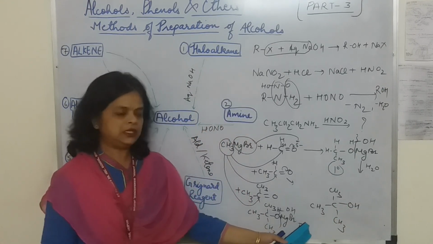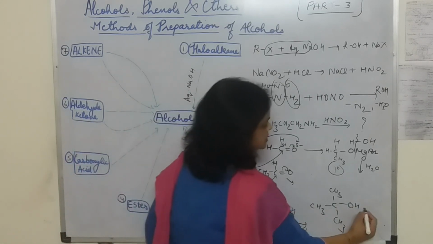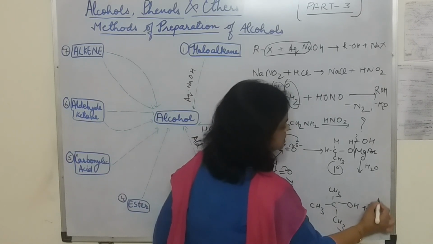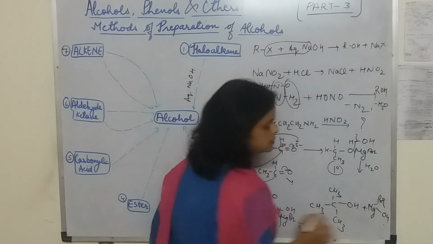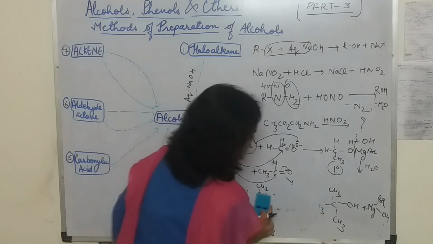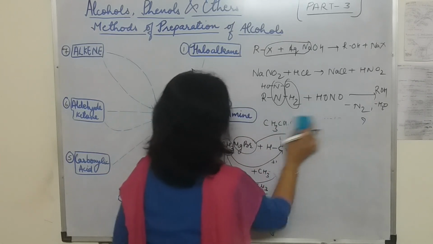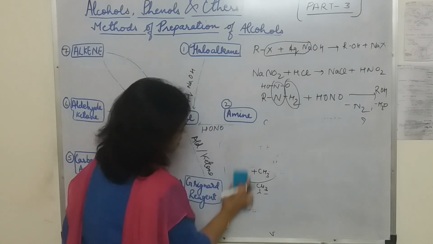So here we can see that we are getting 3 degree alcohol along with the same side product, MgBrOH.